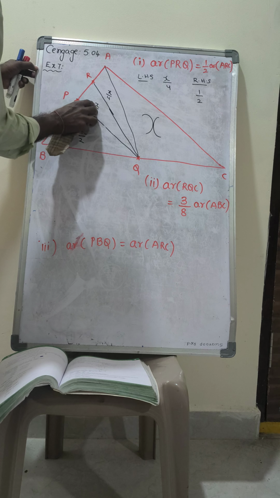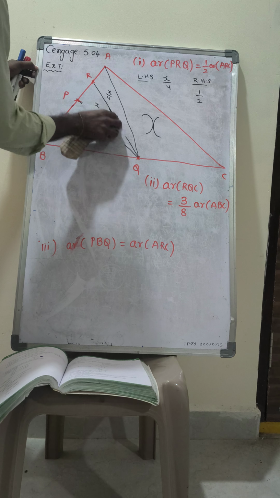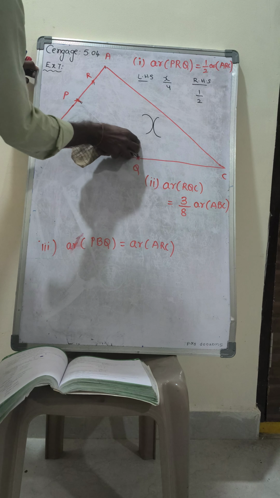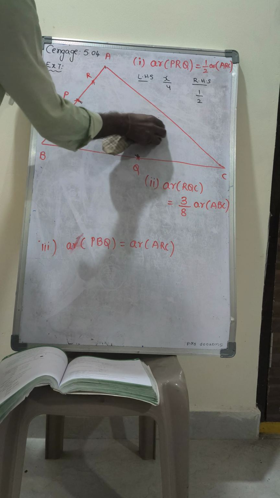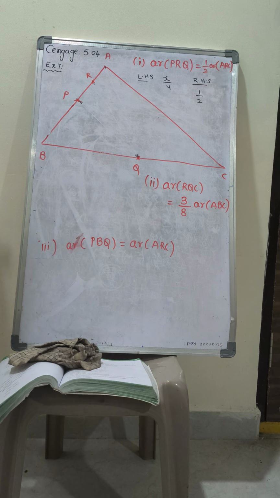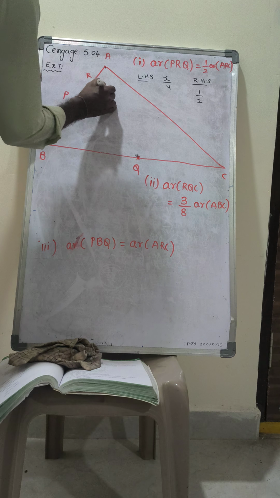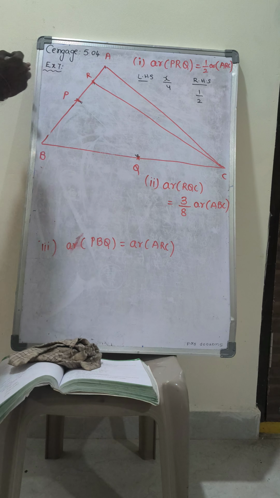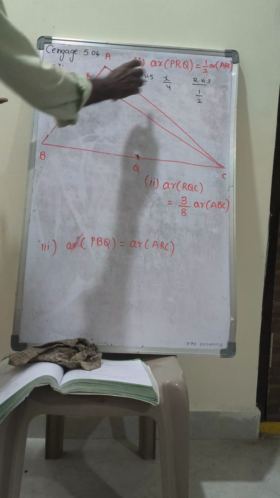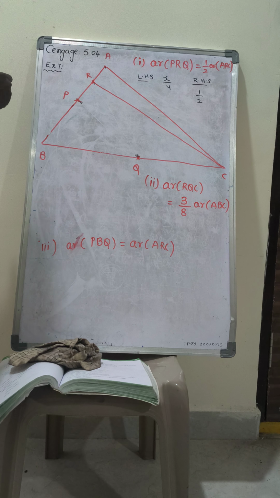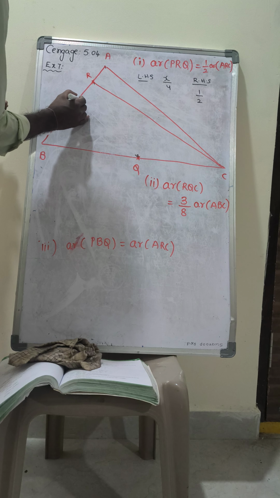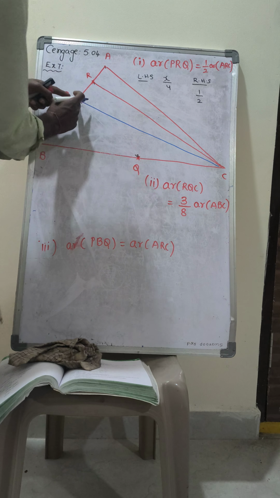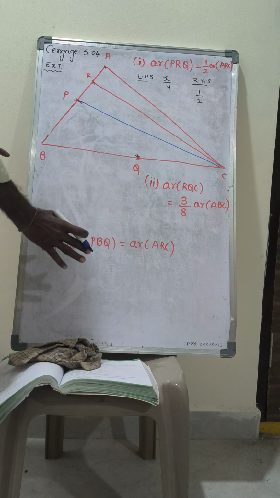Now we need ARC, half of that one. To do that I am going to join PC. What is PC? It is a median.